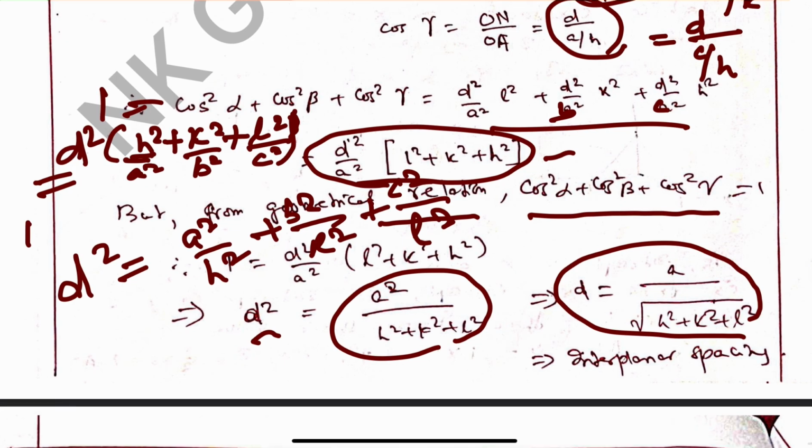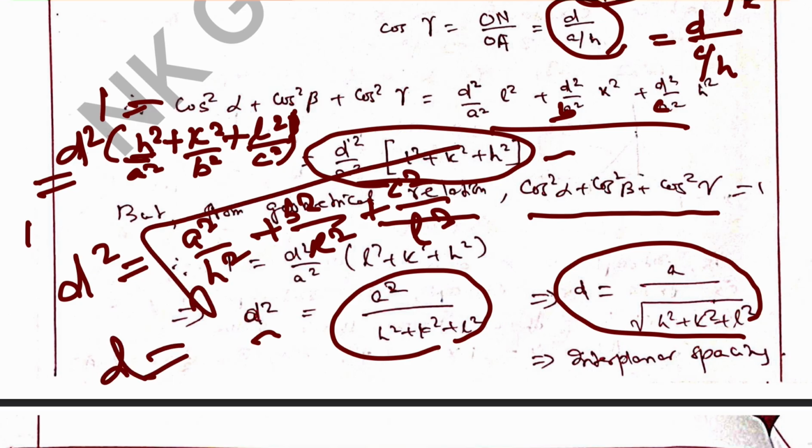So D will be the root of all these. If it is a cubic cell, A square is equal to B square is equal to C square.